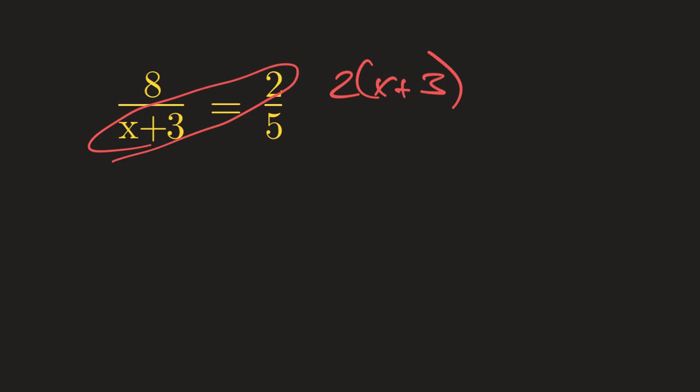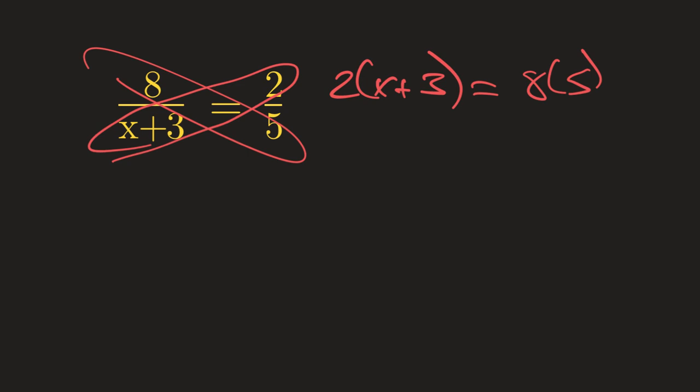Because 2 has to be multiplied to not only the x, but the 3 as well, which is distribution. I would highly encourage that step because I think you will visually recognize that as, hey, I need to distribute this too. Equals my other cross product, which is going to be 8 times 5. Michael, question. So you like, what, 6x? Well, we're getting there.